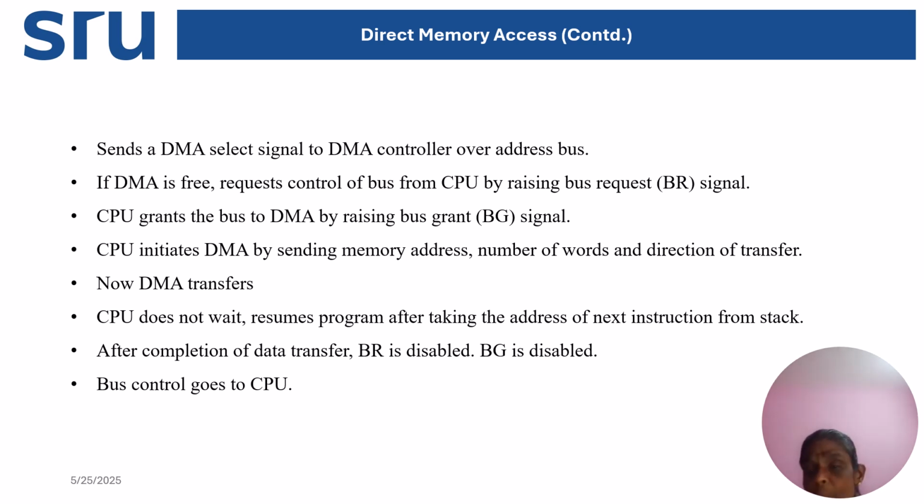The CPU grants the bus if it is free, and gives the bus to the DMA operation. The CPU initiates the DMA by sending the starting address, the number of words, and the direction of transfer. All three will be sent by the CPU.